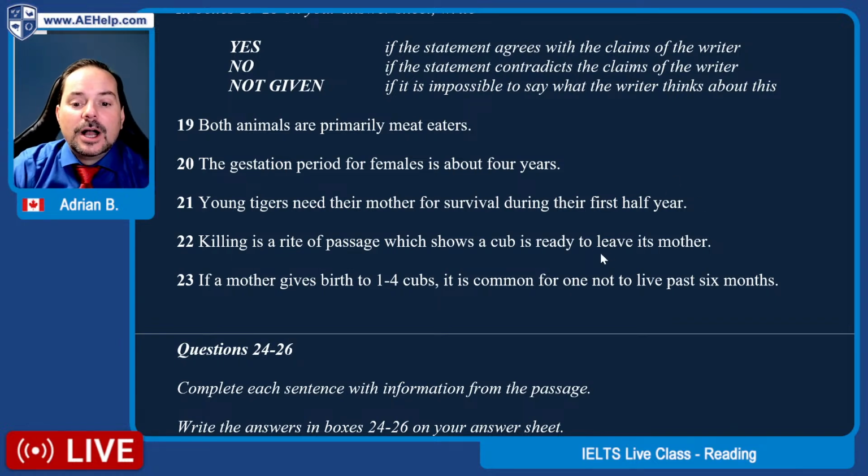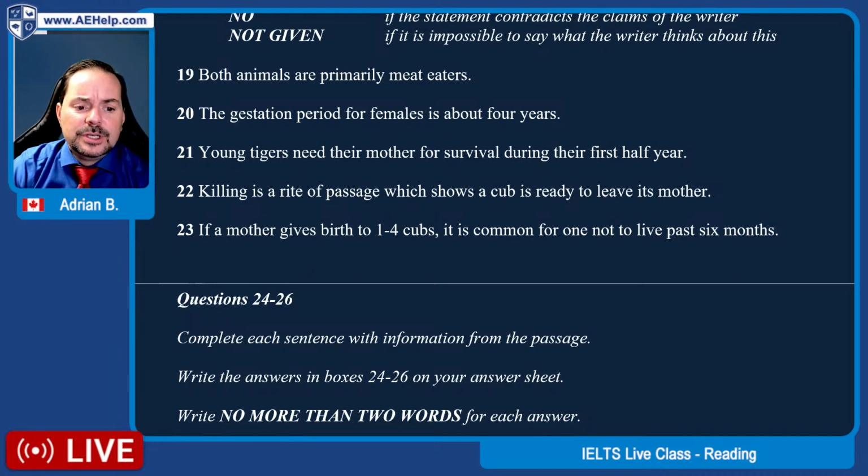So clearly the answer there. Visualize, everybody. You have to visualize. Okay, 22: killing is a rite of passage which shows a cub is ready to leave their mother. That could be important. Sometimes the answer for that first question, is it important? Maybe, since it is a part of the life cycle.